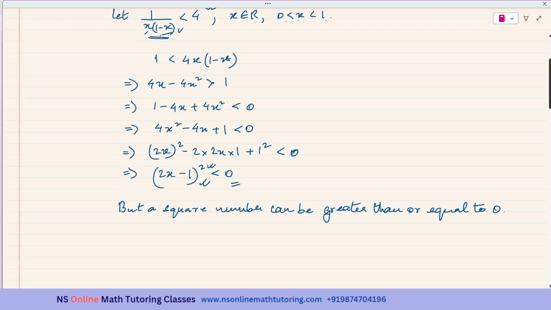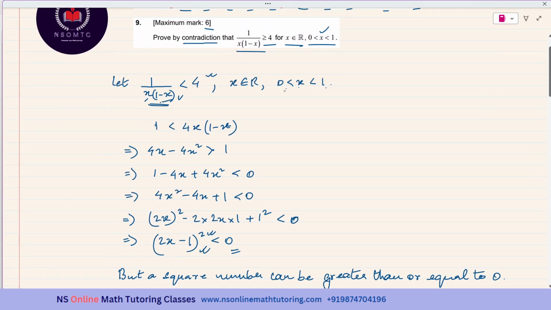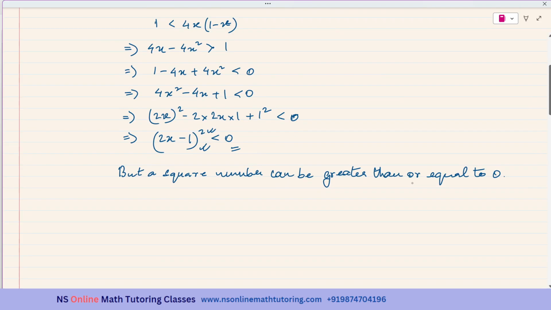And I have written that x is between 0 and 1, because when we multiply both sides by this denominator, this part is important. This part allows us to multiply both sides by the denominator, because it ensures that x is a positive number and 1 minus x will also be a positive number. Therefore, there is a contradiction.